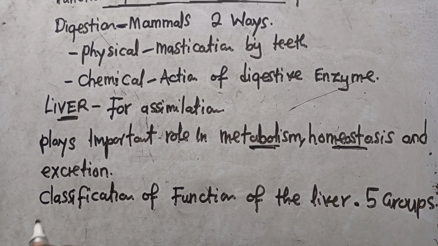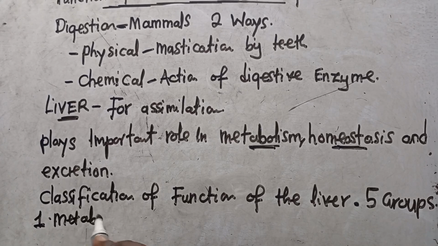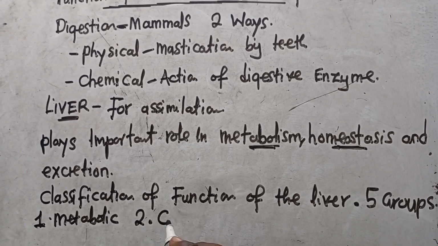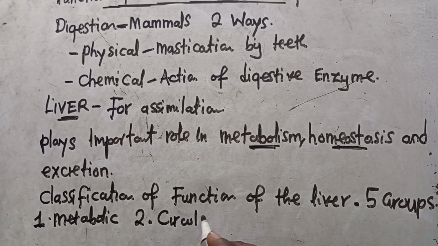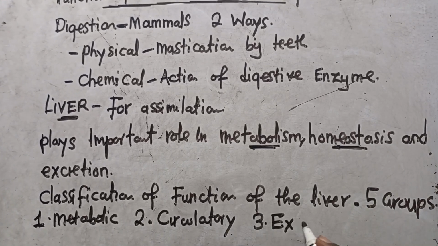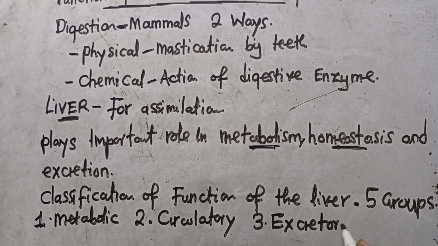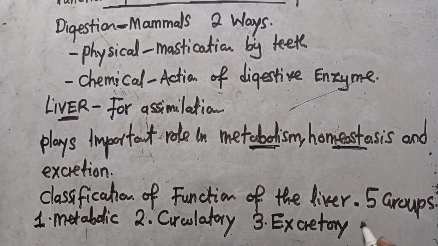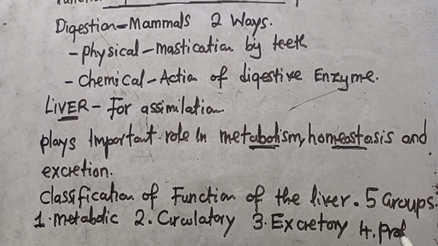These 5 groups, number 1, we understand in terms of metabolic function. 2, circulatory function. 3, excretory function. The 4th one is the protective function.